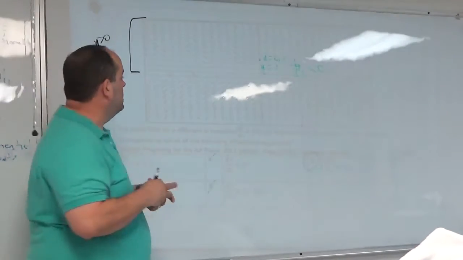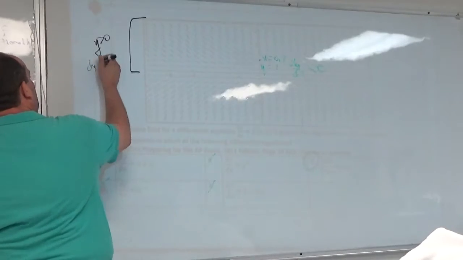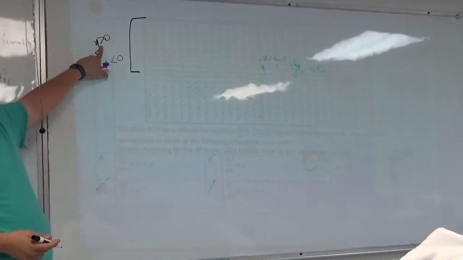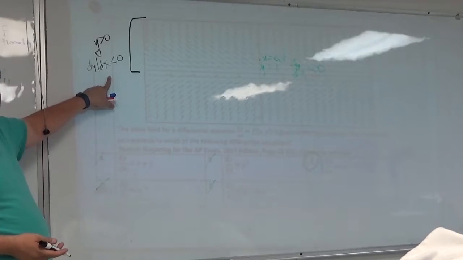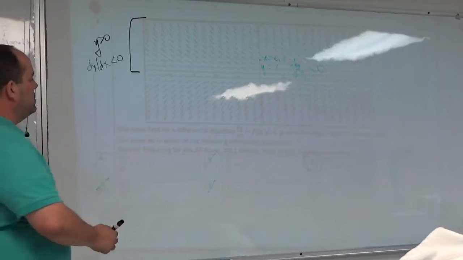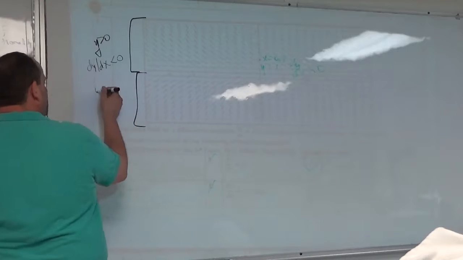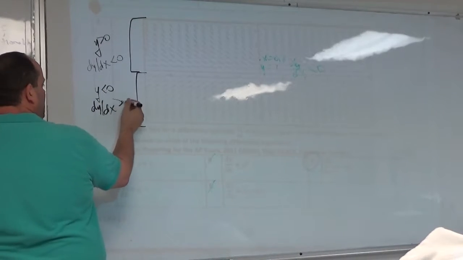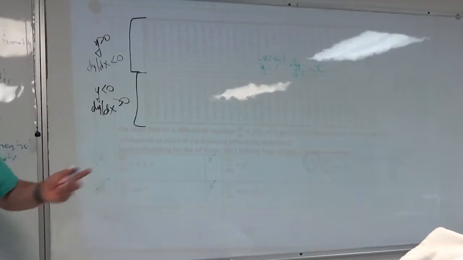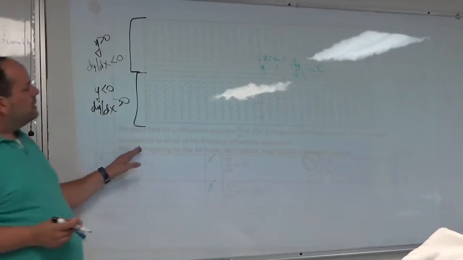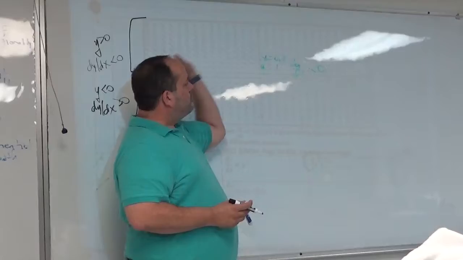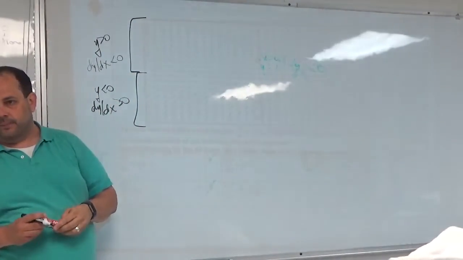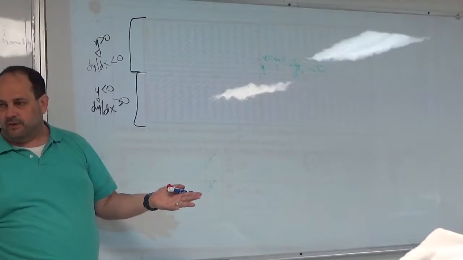What do you notice? All the slopes are negative. So any time the y value is greater than 0, your derivative has to be negative. You could also say, wait, isn't it true that whenever y is negative, then dy/dx has to be greater than 0? That works too. So you could look for a point, or you could look for trends and whittle down your answer choices that way. And that's honestly what I would do if I was faced with one like this.